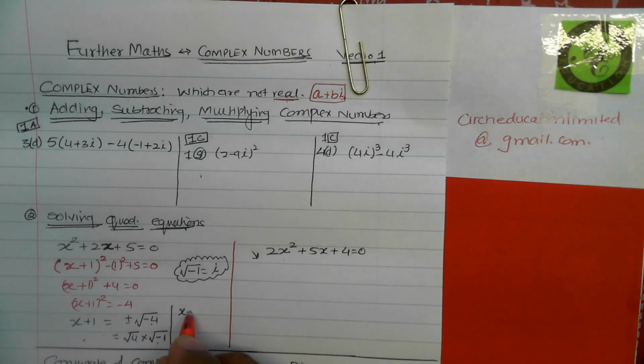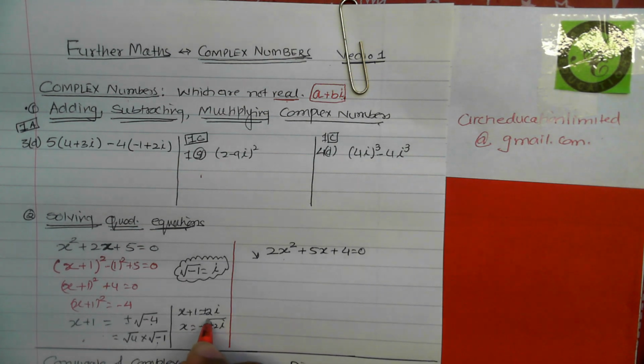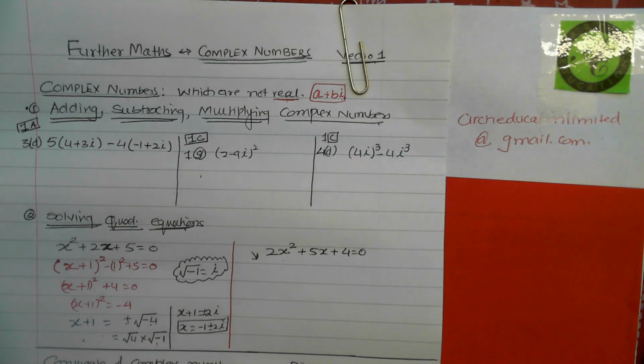So x plus 1 is equal to plus minus 2i. So x equals minus 1 plus minus 2i, the two roots of this equation. Okay, and that's where the need for learning complex numbers comes in.